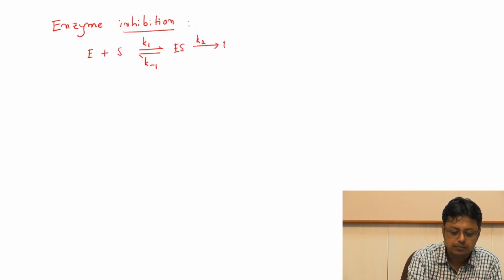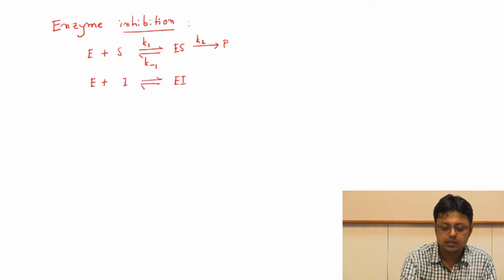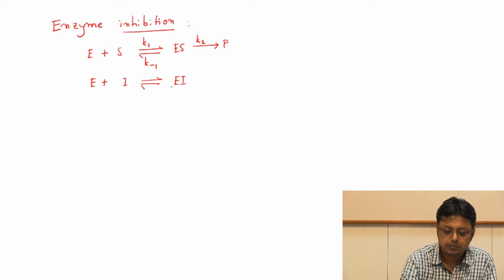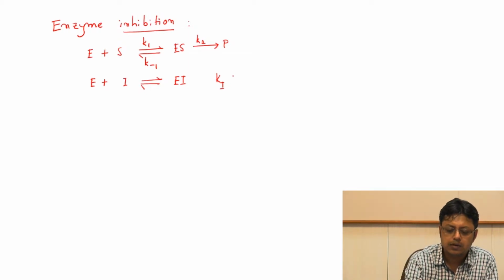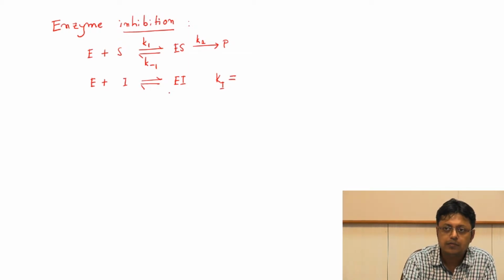Now the enzyme can also bind to an inhibitor, and we call that complex an enzyme inhibitor complex, and it has some equilibrium. Instead of writing the rate constants, you can just consider the equilibrium, and usually this equilibrium constant is written as Ki, because I means inhibitor, and the equilibrium constant is written in the reverse way.